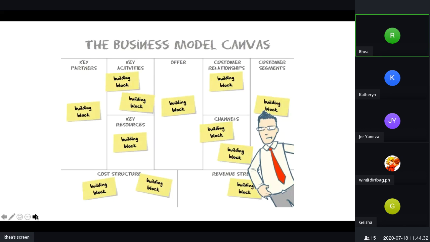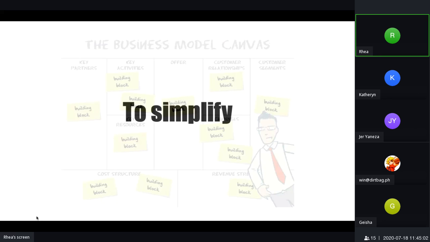How can you get more money for your business? That's your revenue stream. What would be your key resources that you would need in order to drive or fuel your startup? What are the activities that you would need in order to come up with your product? Who would be your partners? That would be your key partners. And how much are you spending? And what are those costs? That will now give you the cost structure.